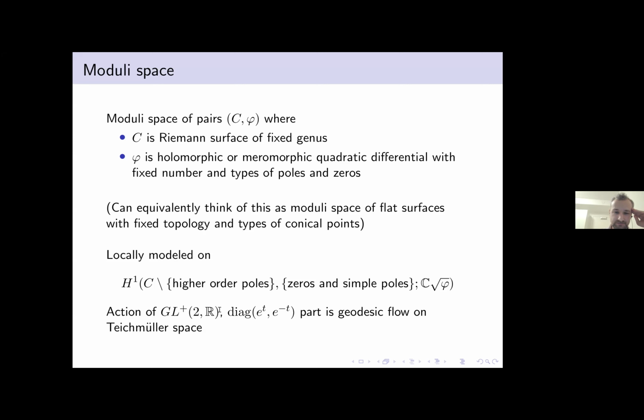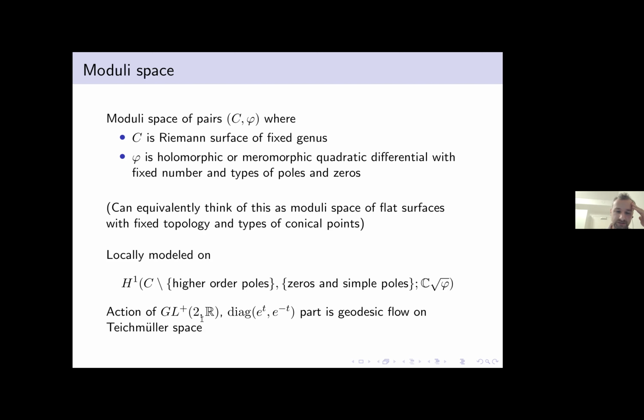Yeah, and actually, I mean, this is not super important, but more of a remark: if you look at the diagonal part in here, given by these sorts of matrices, then it corresponds to the action of geodesic flow on Teichmüller spaces. So Teichmüller space is the cotangent bundle to the moduli space of Riemann surfaces.